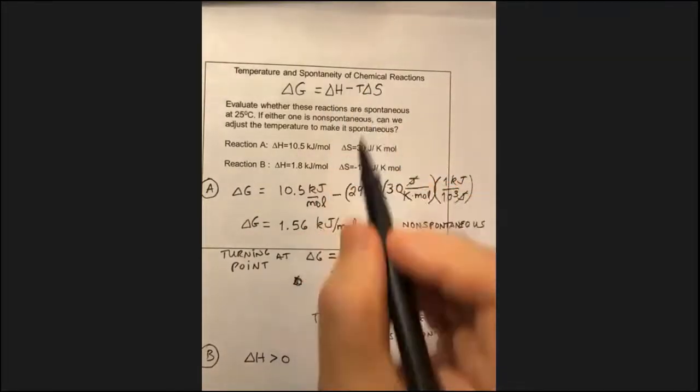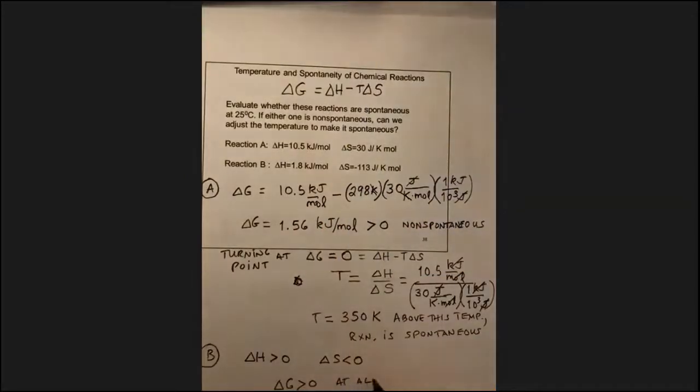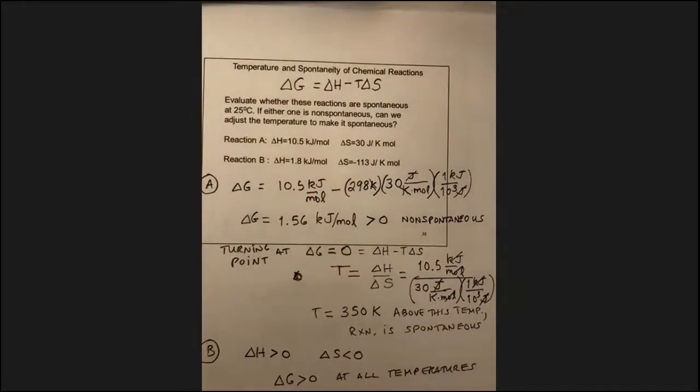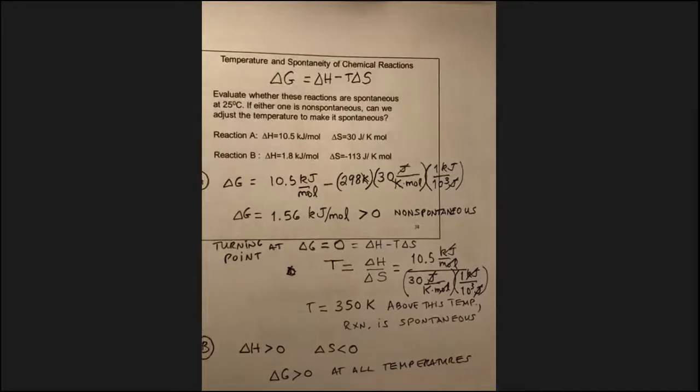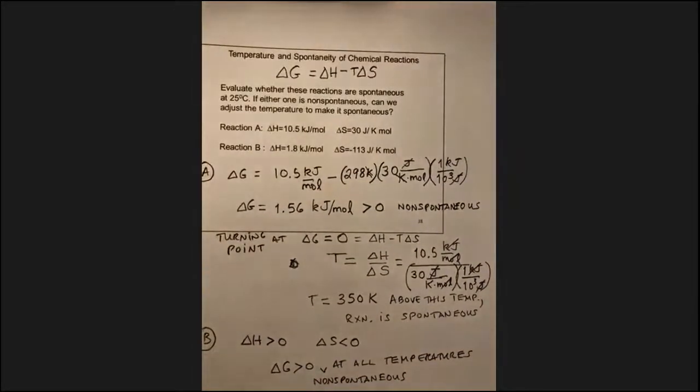In other words, delta G is positive at all temperatures. No need to do any calculations because that was not the question. The question was, are these reactions spontaneous? No, delta G is positive. So in other words, let me just write down here, non-spontaneous at all temperatures.